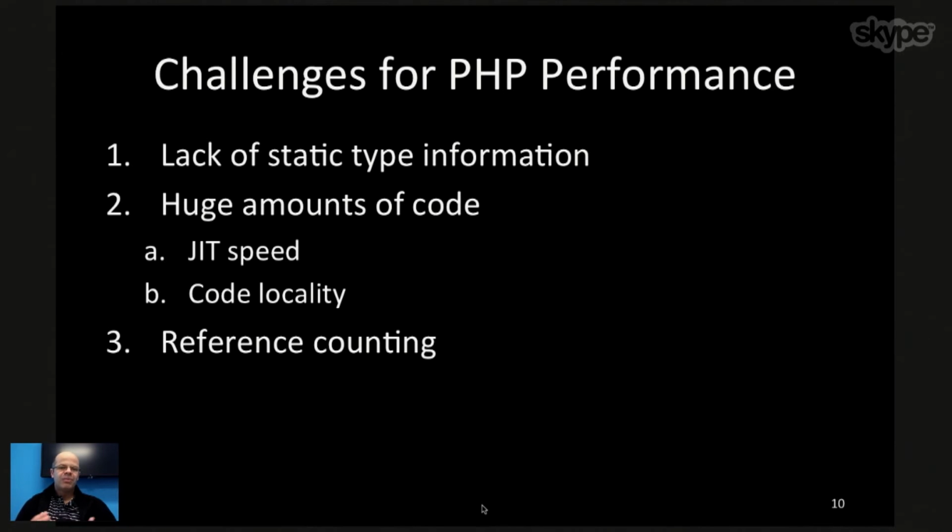Large amounts of code pose two separate challenges. First is compiler speed: the just-in-time compiler has to be very fast to compile lots of code. The second is that code locality becomes an issue because of the massive amounts of code that we generate. The third challenge is reference counting in PHP.